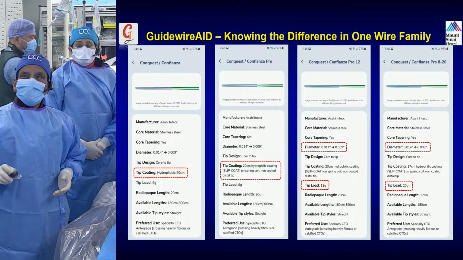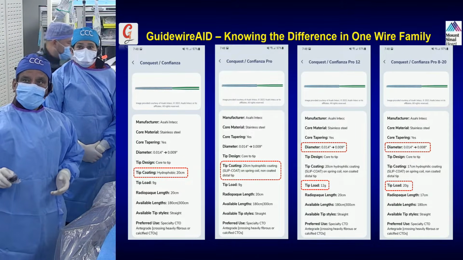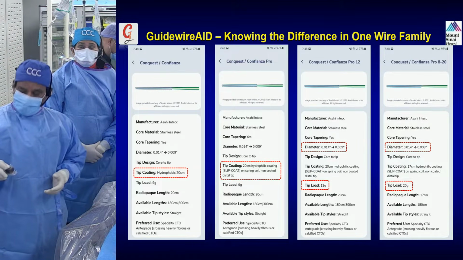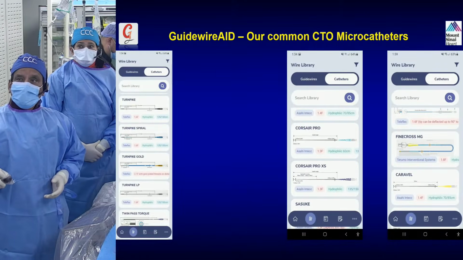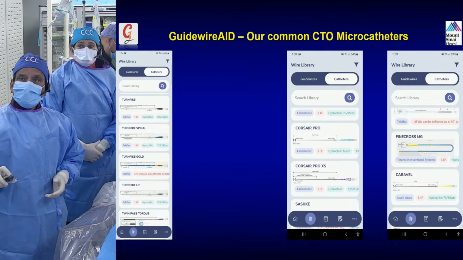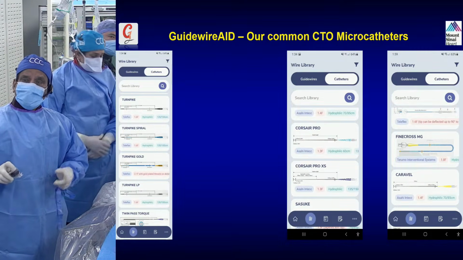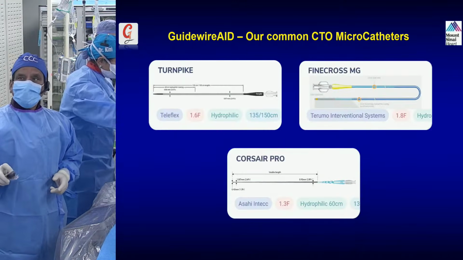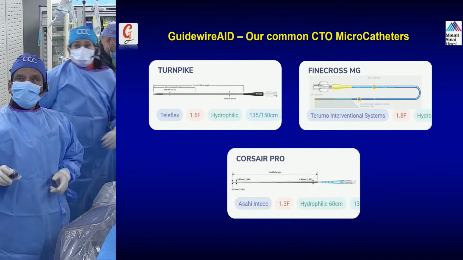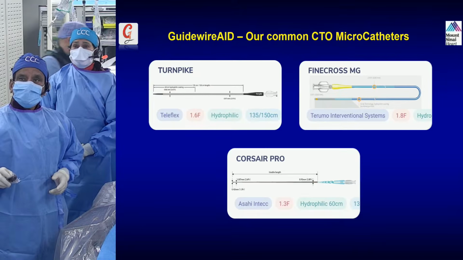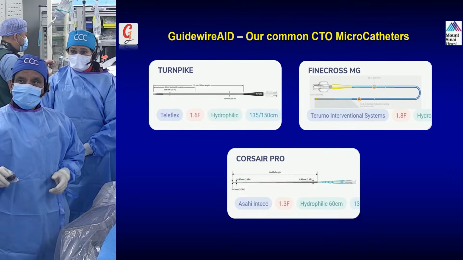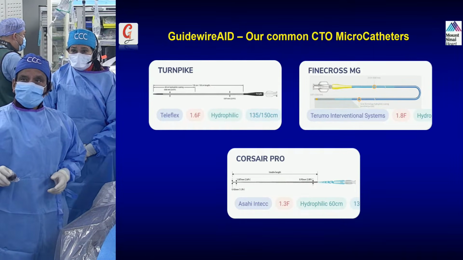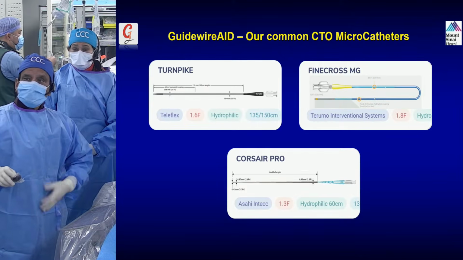And these are the over-the-wire systems which exchange catheters, microcatheters. So Turnpike. We have always shown you Fine Cross and Corsair. Fine Cross most of the time because we are used to it.